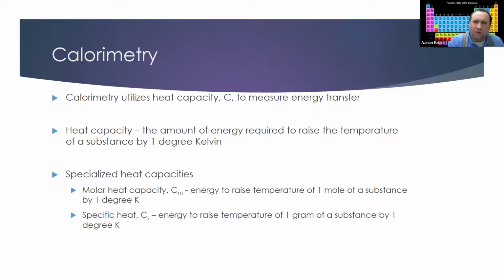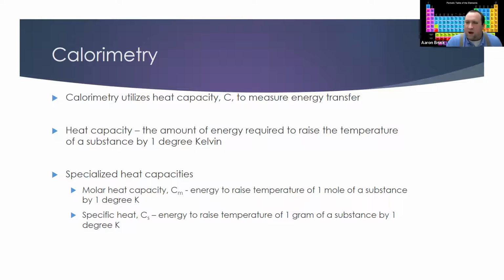But the problem with heat capacity is that the same substance can have a different heat capacity based upon its size. One way that we standardize heat capacity is through some sort of specialization. We can use what is called a molar heat capacity, the capital C with a subscript m.